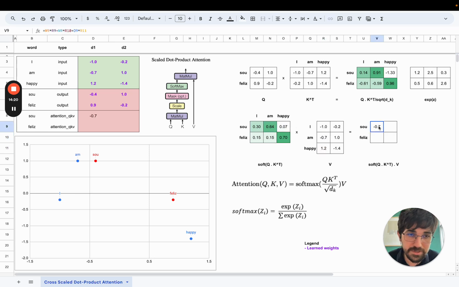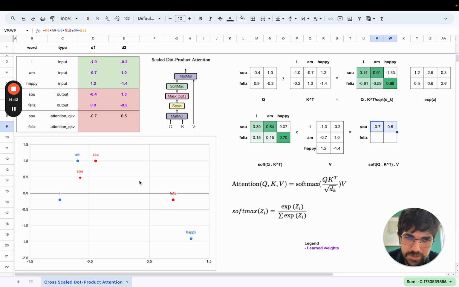Here we have 0.7, and then here I have the same thing, but now for this second vector, plus this term times this second vector, plus this term times this third vector.